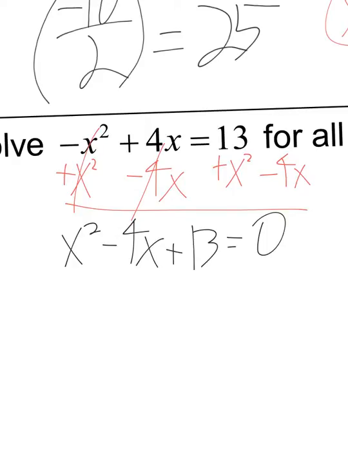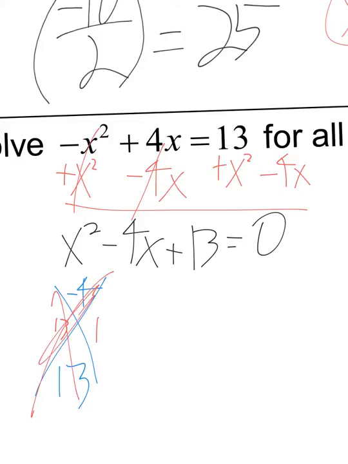So let's solve for the complex numbers. All right, so can this factor? Are there factors of 13 that add up to negative 4? 13 is a prime number. The only factors of 13 are 13 and 1, and whether you make them negative or not, it's just not going to work out, so don't worry about that. We're going to focus on completing the square here.